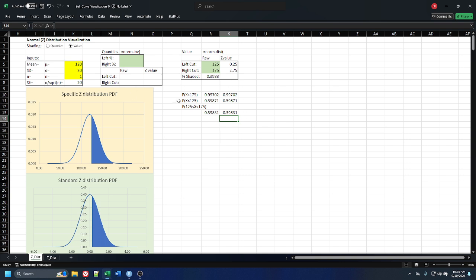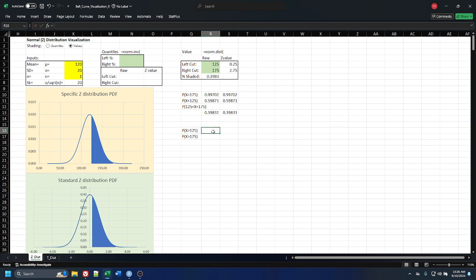So that's really cool. We can use our probabilities to find lower than a value, which we did, and between values. But what about if we want greater than 175 or greater than 125? Let's do both of those. I want the probability of our random event being greater than 125, or greater than 175.